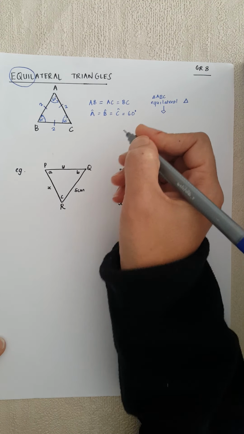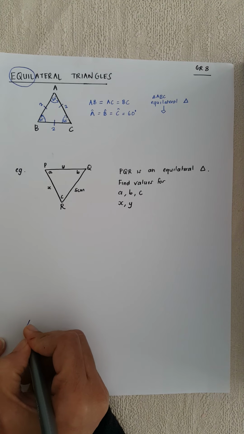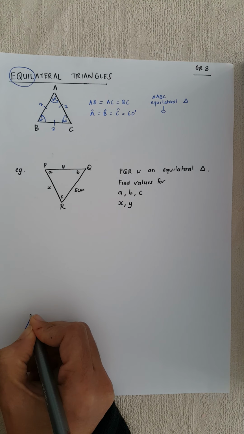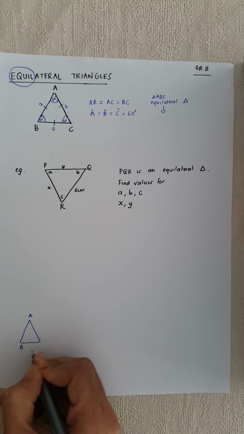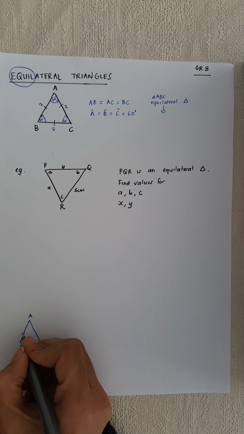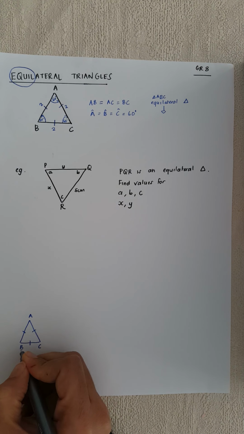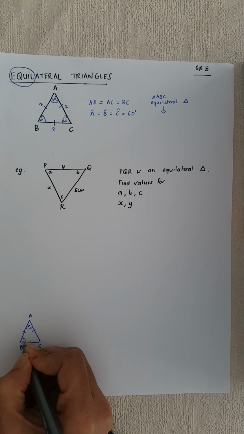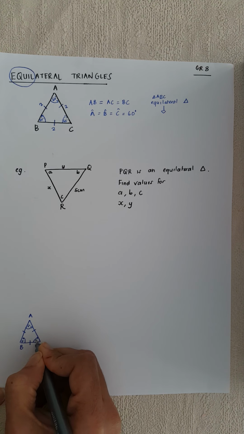So if they give me a triangle, for example, and they tell me my triangle is ABC, and ABC is an equilateral triangle, what do I know? All the sides are equal and all the angles are equal to 60 degrees. That's the rule of an equilateral triangle.